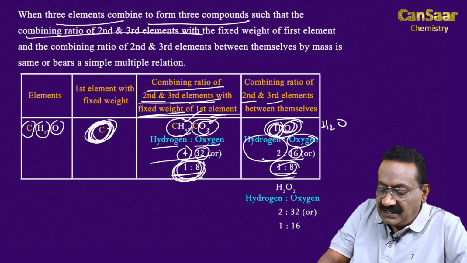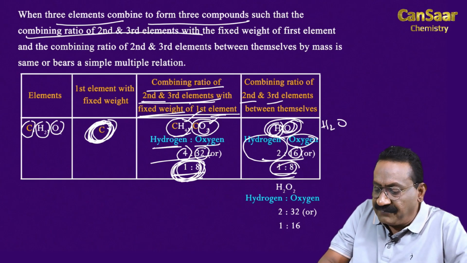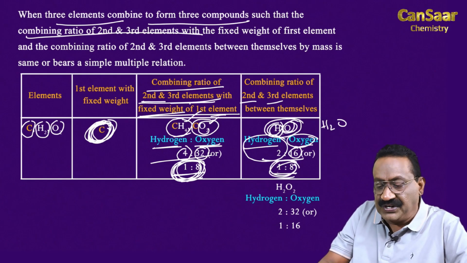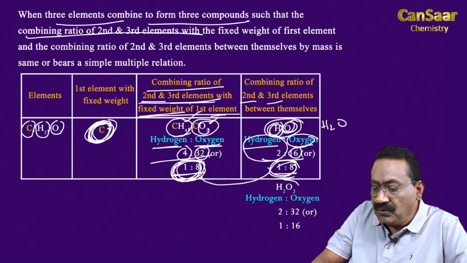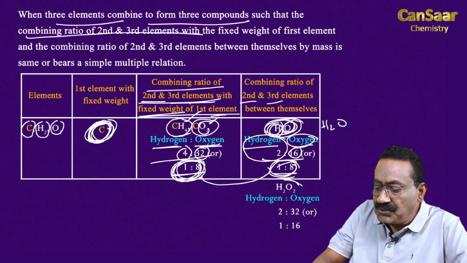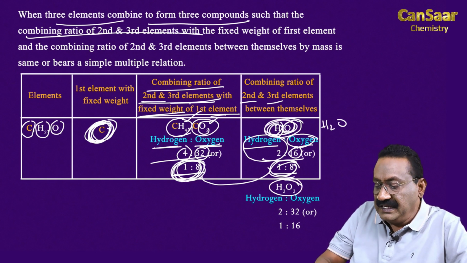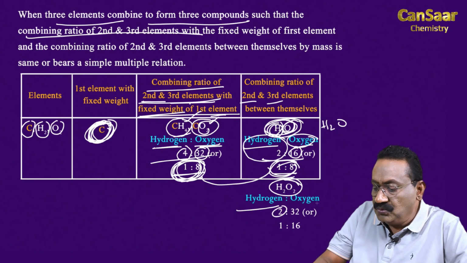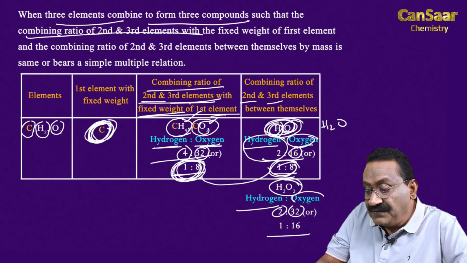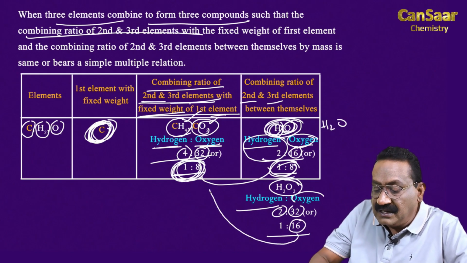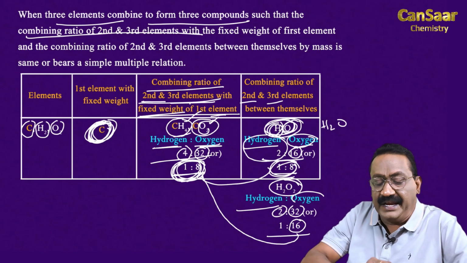Instead of H2O, if you take H2O2, then here hydrogen mass is 2 and oxygen mass is 32 and the combining ratio is 1:16 between themselves, which is a simple multiple relation to 1:8.